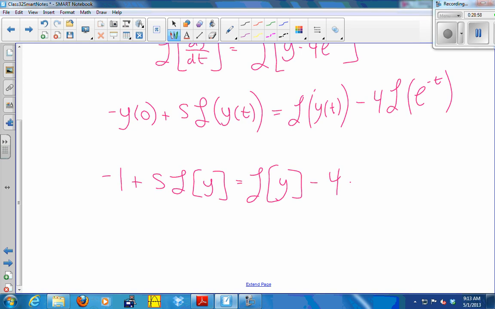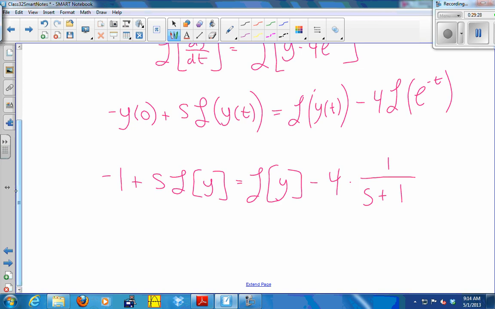So I am going to solve for it. I'm going to put them together, but they don't cancel. So the Laplace of e to the negative t is 1 over s minus negative 1. Everybody remembers that the Laplace of e to the at is 1 over s minus a, and in this case, a is negative 1.